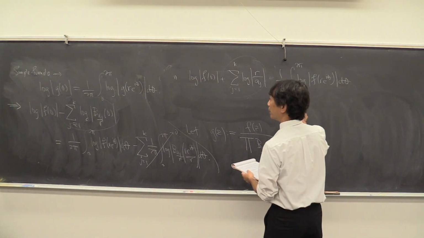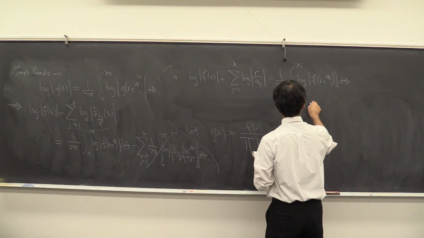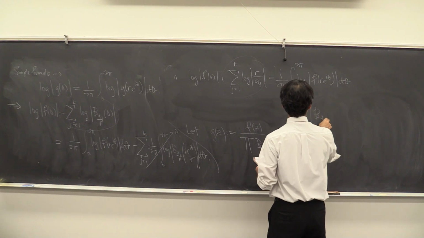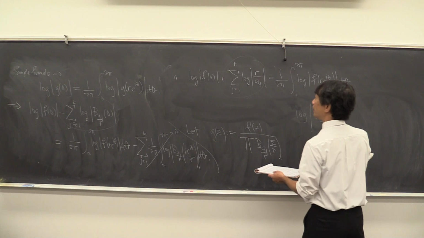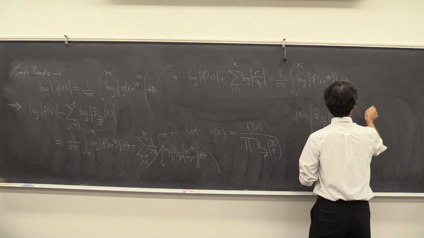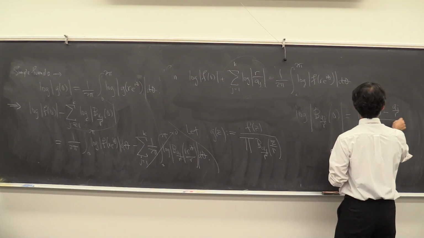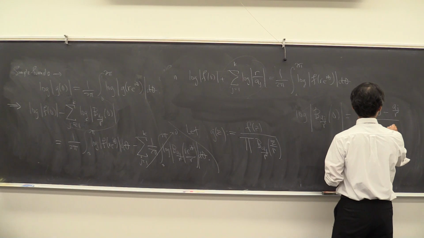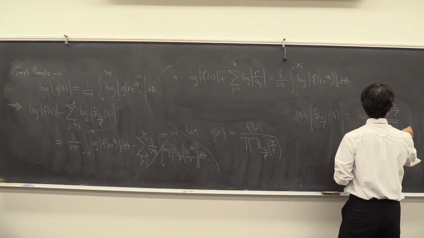Log of B_aj over r of 0. Well, I guess I erased it. Is going to be log of (0 minus aj over r) over (1 minus the complex conjugate of aj over r times 0).